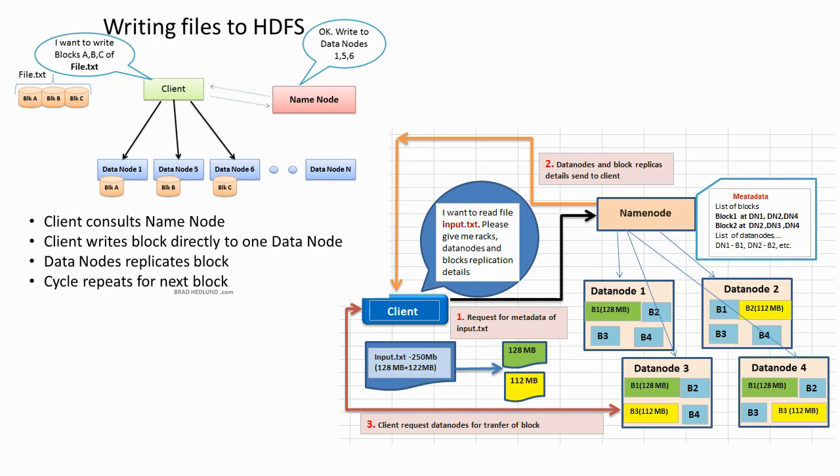And so the name node says use these data nodes. Okay, so put block 1 at data node 1, 3 and 4, and then put block 2 into data node 2, 3 and 4, and the client executes all those write operations. Okay, so that's how write works.